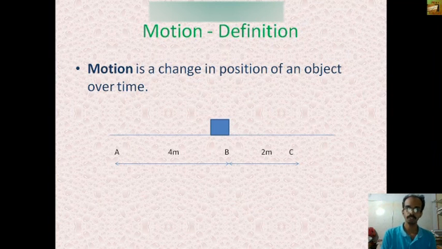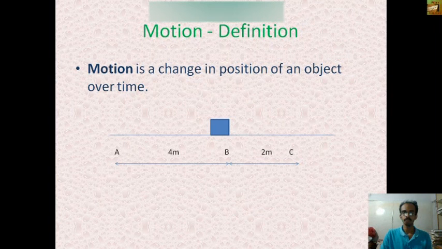In case of C, it is minus 2 meters from C, implying that it is to the left of C, while in the case of A, it is plus 4 meters from A, since it is to the right. We can also attribute positive sign to left side and negative sign to right side if we want.